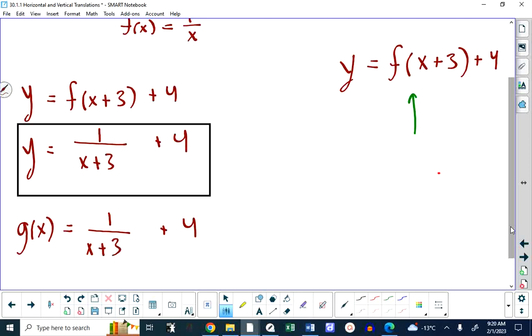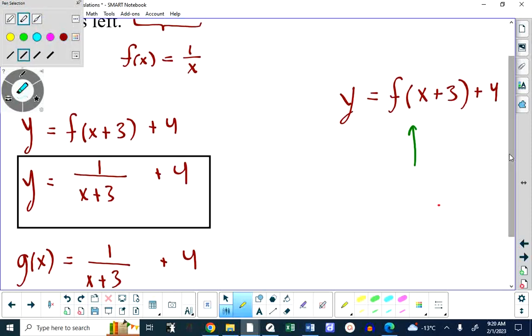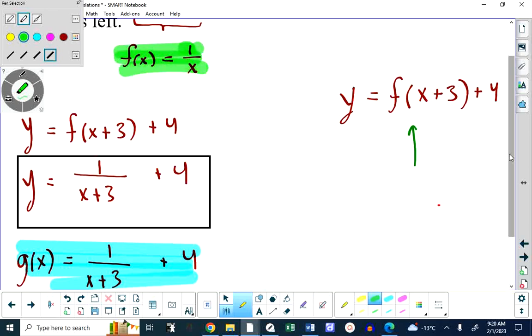That's really a nice way to put it, because then when you look at the transformed function and the original function, we can definitely tell which one is which. We have labels for them. One is called f of x, one is called g of x. Okay.